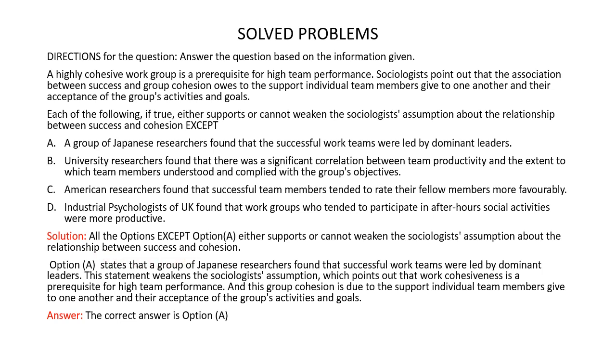Now option A states that a group of Japanese researchers found that successful work teams were led by dominant leaders. Now this statement weakens the sociologist's assumption, which points out that work cohesiveness is a prerequisite for high team performance, and this group cohesion is due to the support individual team members give to one another and their acceptance of the group's activities and goals.